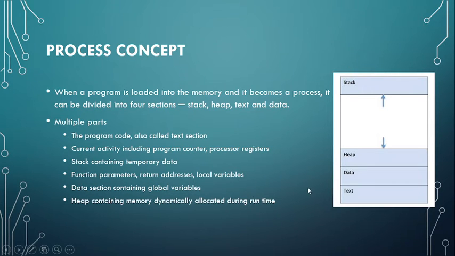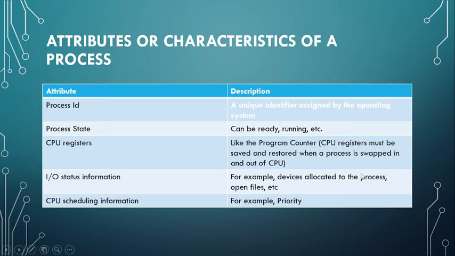And a data section containing global variables, and a heap containing memory dynamically allocated during runtime. We know that it is a dynamic allocation. Memory is allocated dynamically when we run the programs. So, it is actually a heap, which is a dynamic memory allocation. So, these are the parts of a process.